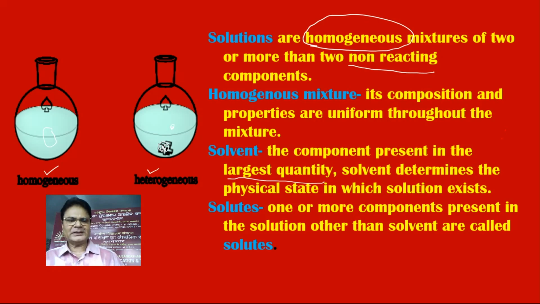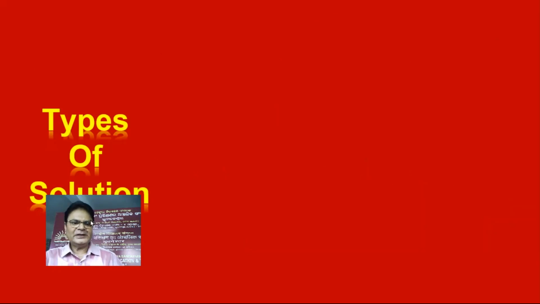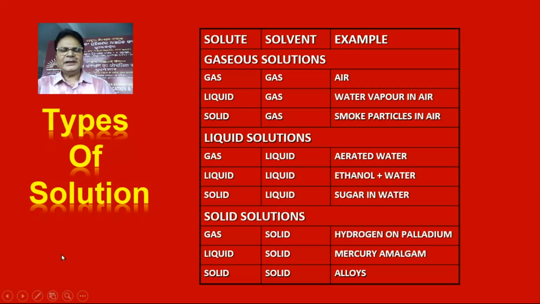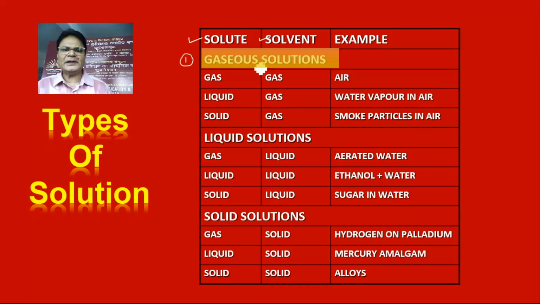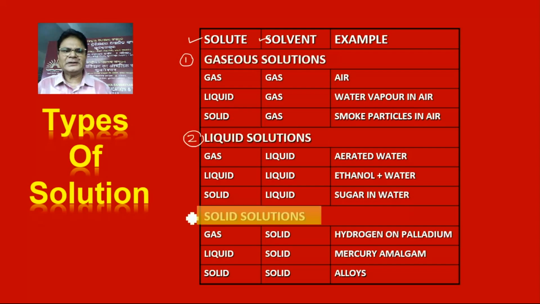Now we'll discuss the types of solution. The type of solution depends upon the physical state of the solvent and solute. Depending upon the nature of the solute and solvent, we can classify solutions into three categories: one, gaseous solution, two, liquid solution, and three, solid solution.